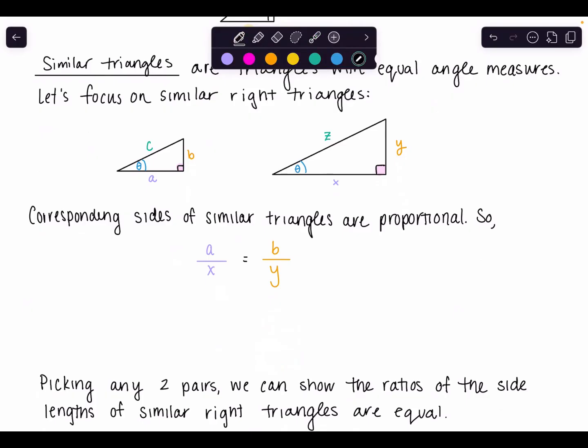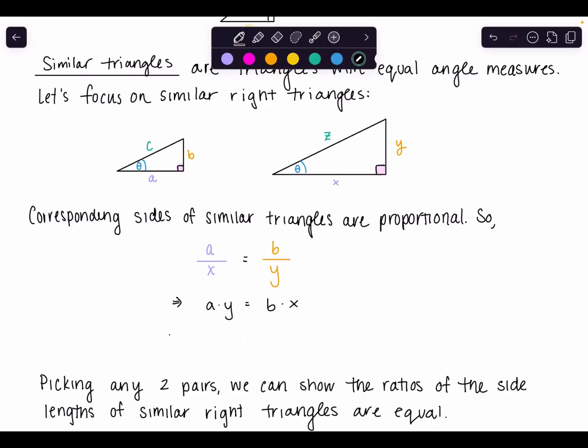So what we can do is go ahead and cross multiply to get A times Y is equal to B times X. And then I'm going to bring the B to the other side. So that would be by division. But then I'm going to do the same thing. I'm going to bring Y to the other side.